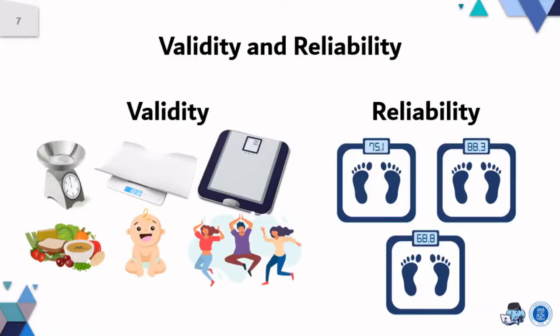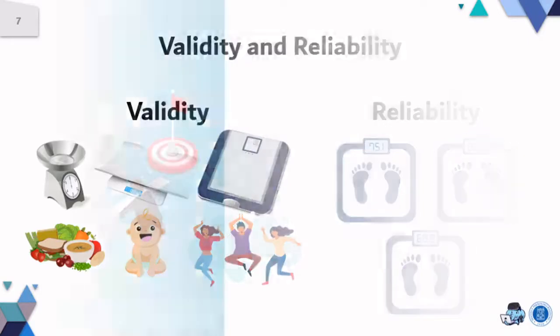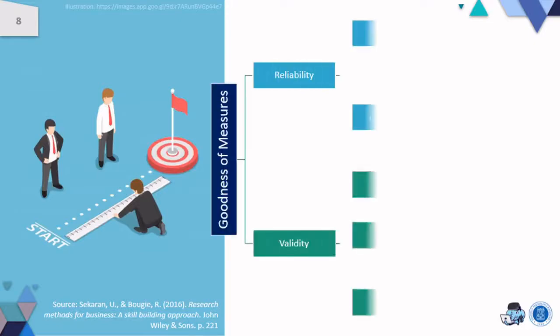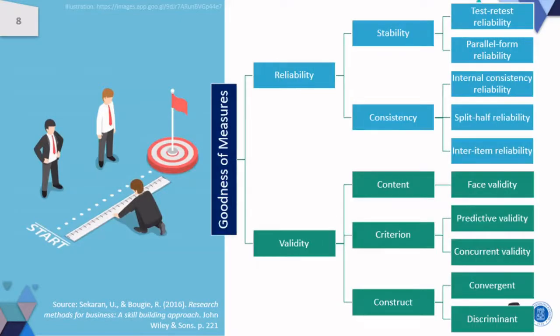Since business and management research often deal with measuring perceptual and attitudinal variables, it is imperative that the instrument used to measure such variables is reliable and valid. There are several types of both validity and reliability. In this video, we will talk about the types of validity. The types of reliability will be discussed in a separate video.